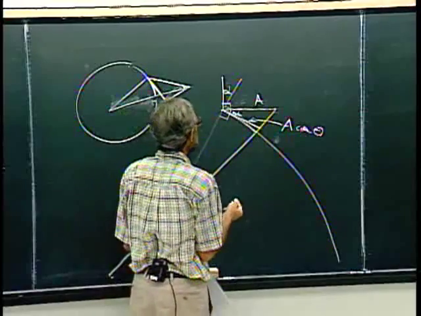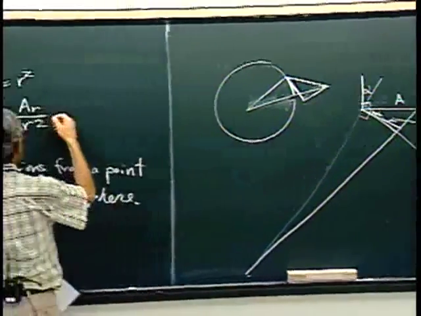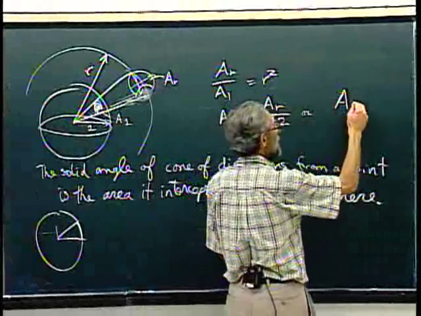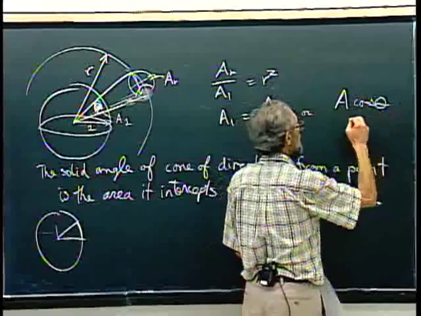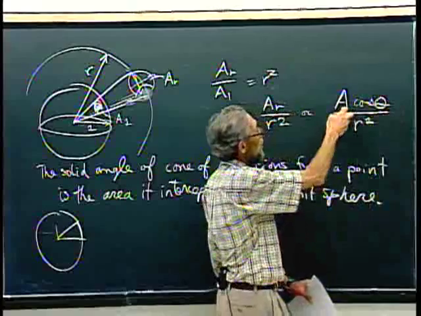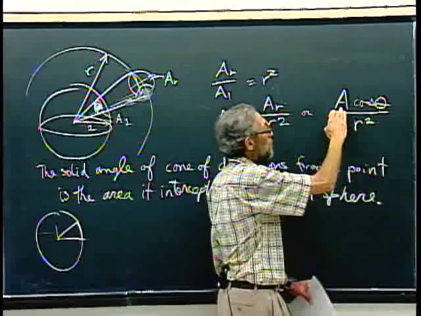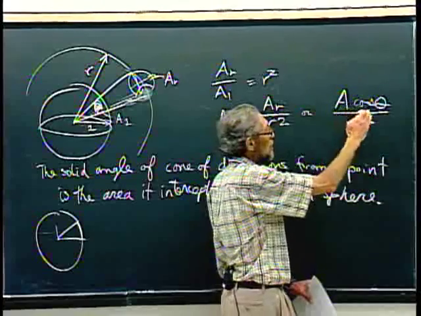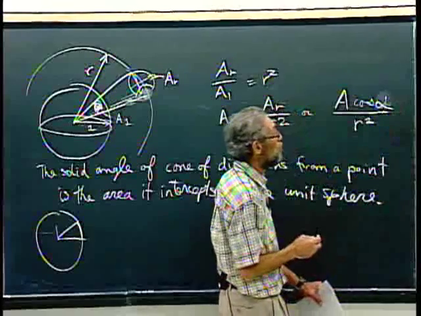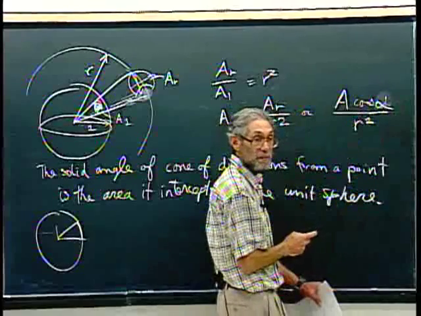So what that says is that a generalization, if we go back to this formula, is A, whatever that area is, times cosine theta divided by r squared. And now it's not an area on the sphere, it's a flat area, a little piece of polygon in any orientation, and I wrote theta. What I really mean is alpha, the angle between the surface normal and the radius direction.